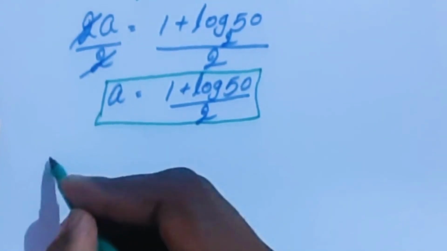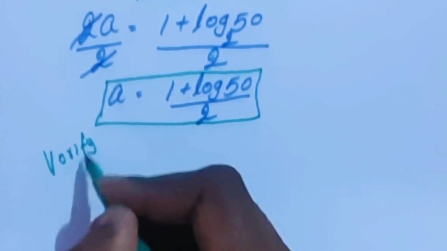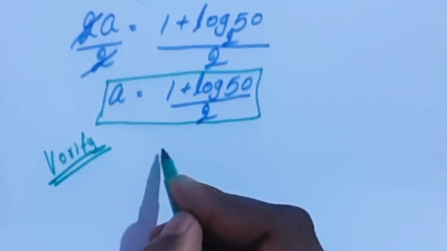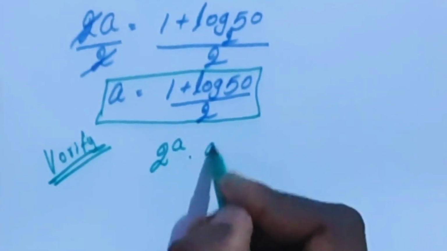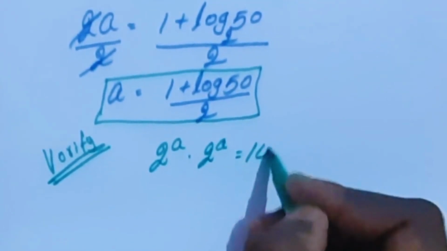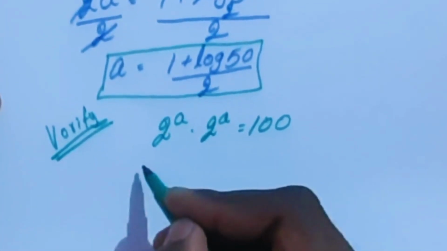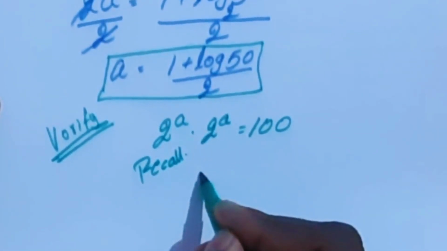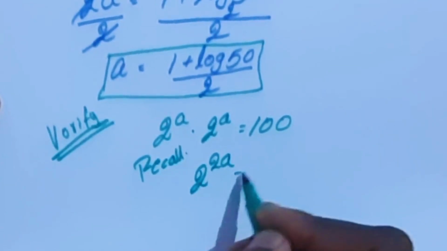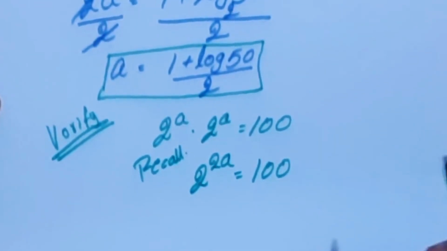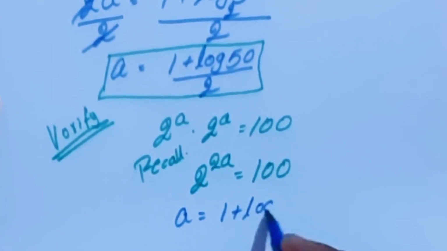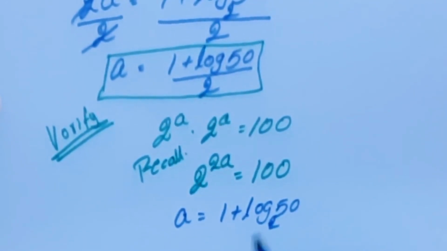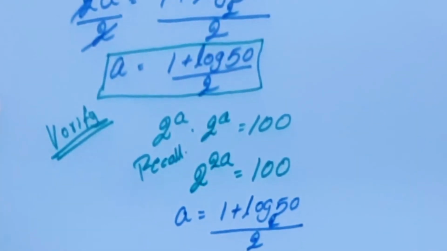Now we are going to verify this with the equation that 2^a times 2^a equals 100. Now recall this: 2^(2a) equals 100. Here the a value is (1 plus log 50 base 2) whole divided by 2.